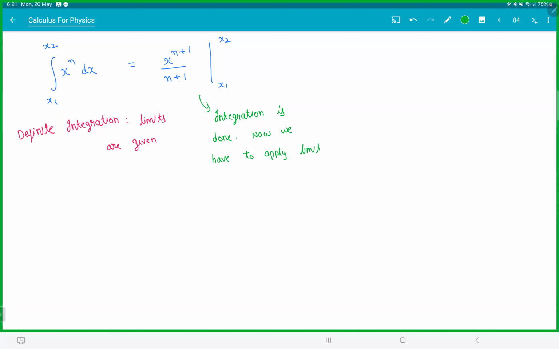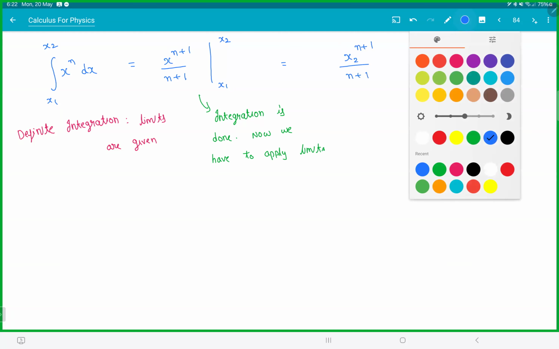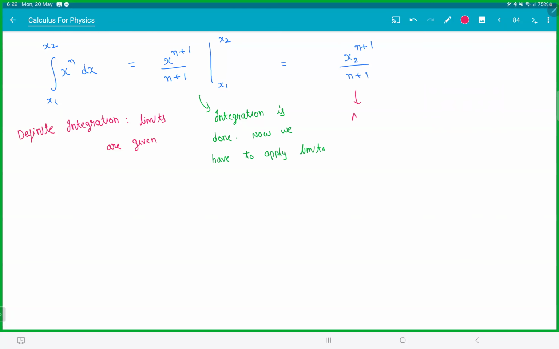Now let's try to understand. What did we get here? This is the area under the curve. If you substitute x2 ka value, we put first x2 power n plus 1 by n plus 1. This is the area up to x2. Then we put x1 ka value, x1 power n plus 1 by n plus 1.